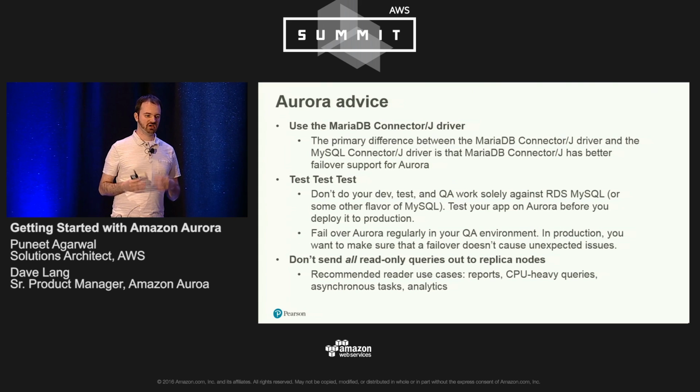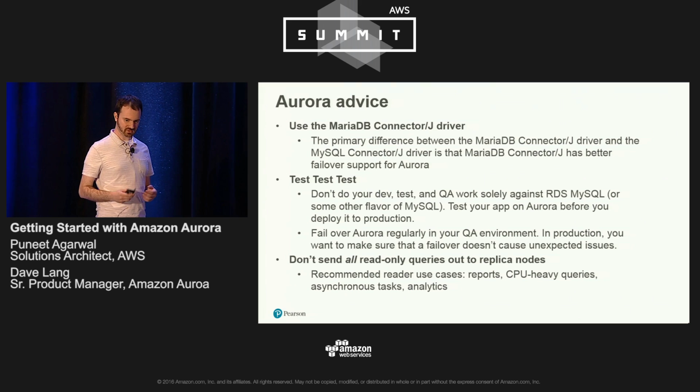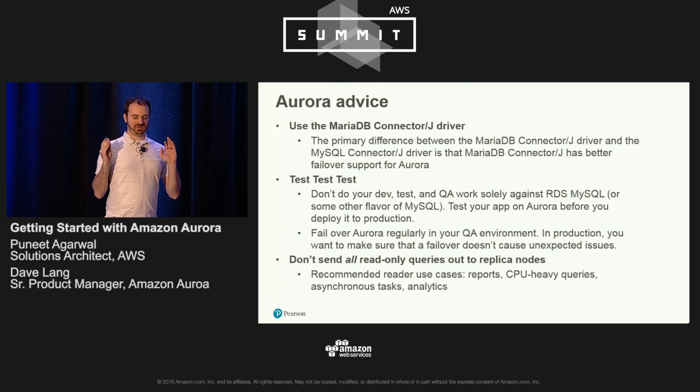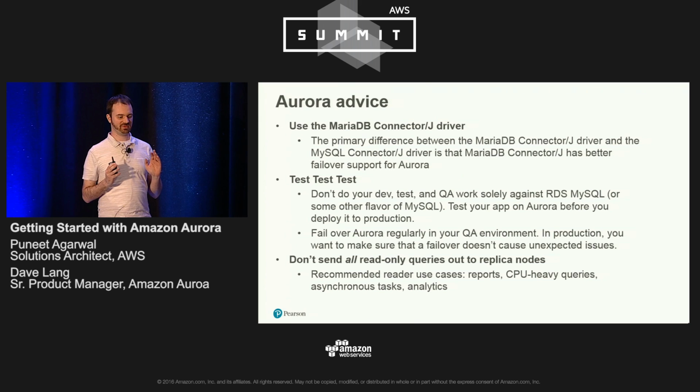The presenters before me also both talked a fair amount about the performance benefits of Aurora, and that's all true. But you also have to keep in mind that there's ways to get better performance out of Aurora, and you're still bound by the limitations of MySQL.